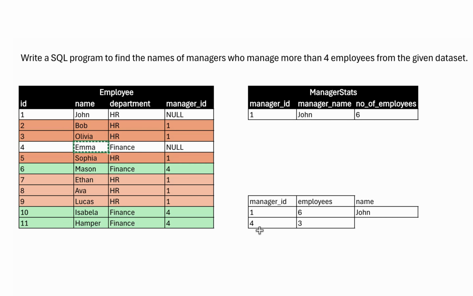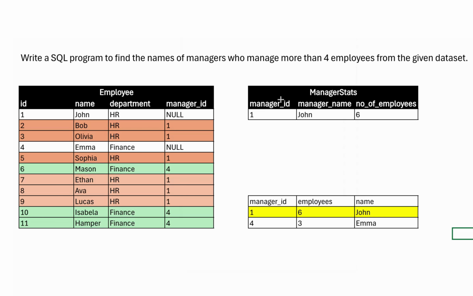So Emma is the manager. Now if we look at our problem again, we have to find only those managers who are managing more than 4 employees. So out of these two managers, John is managing 6 employees. That is why we want this in our output.